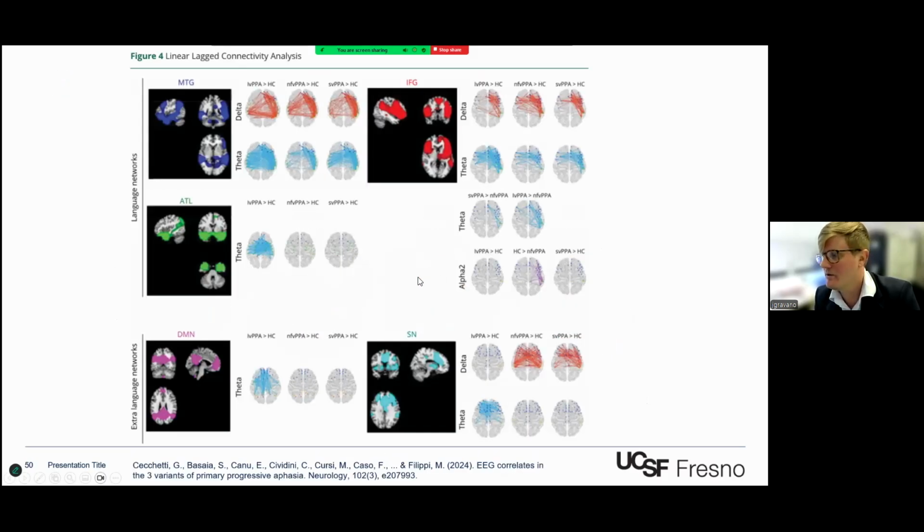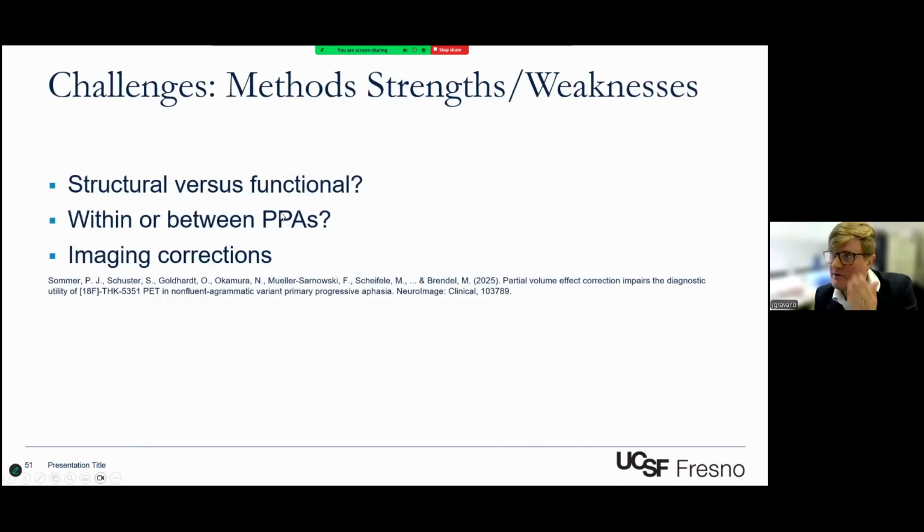This is, again, another recent example using some EEG to look again at functional connectivity changes across different networks that are commonly associated in cognitive neuroscience literatures, like the default mode network and salience network, and trying to understand how these syndromes leave these other networks and how they may impact them directly. There are some other challenges like how do you parse this difference in structural versus functional analyses?